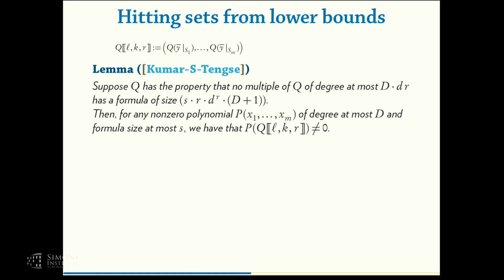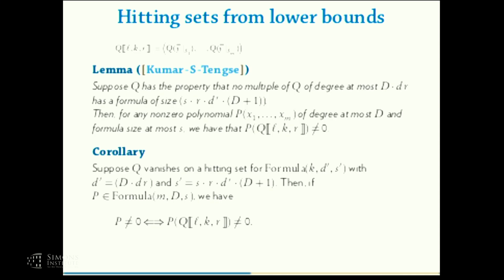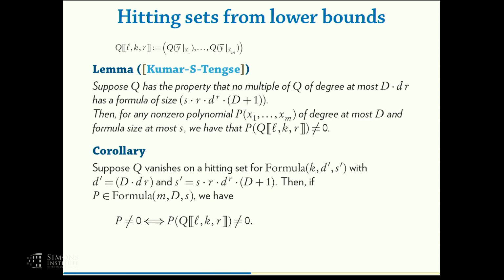Now, why would something like this be useful? The important point is, if Q is hard because it vanishes on a hitting set, then multiples of Q also vanish on a hitting set. So they would also be hard for the same reasons. And this is what we are going to keep using.